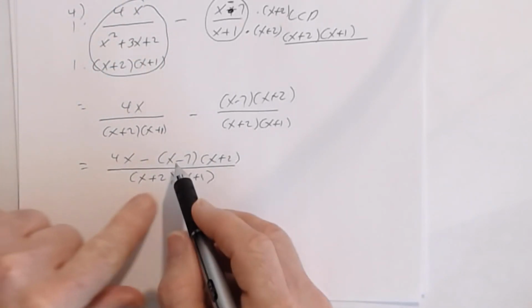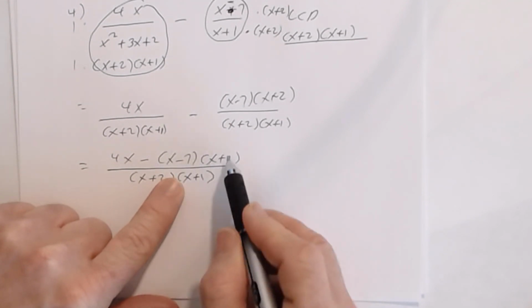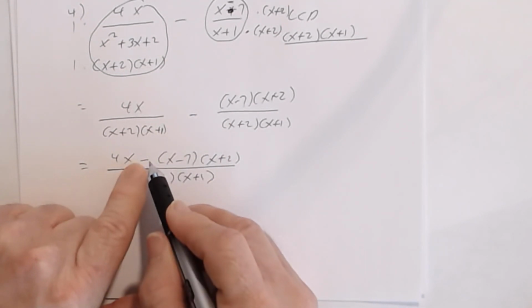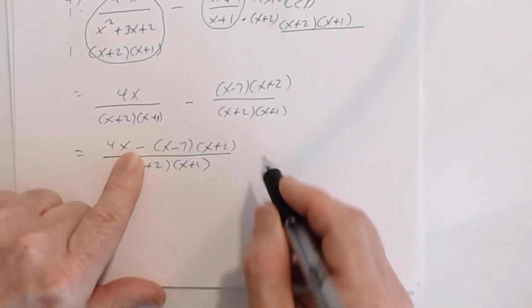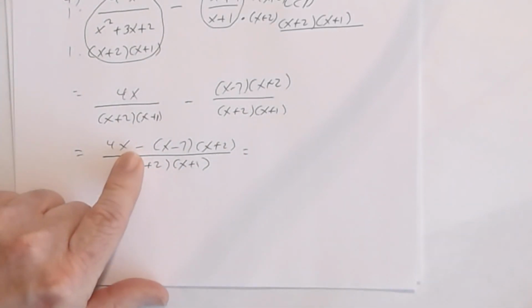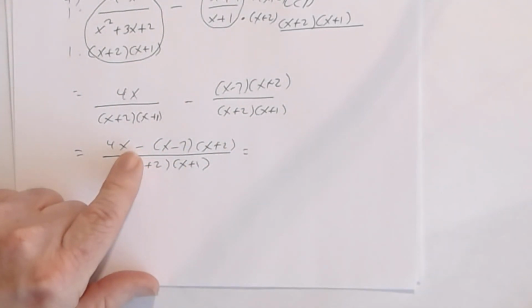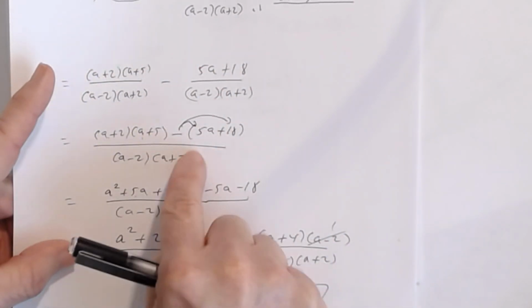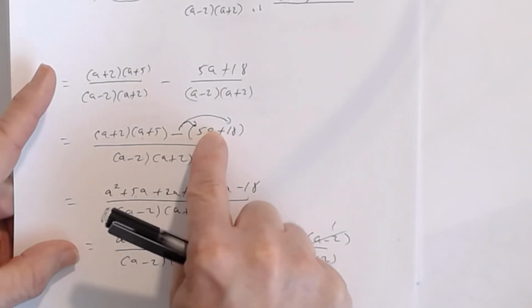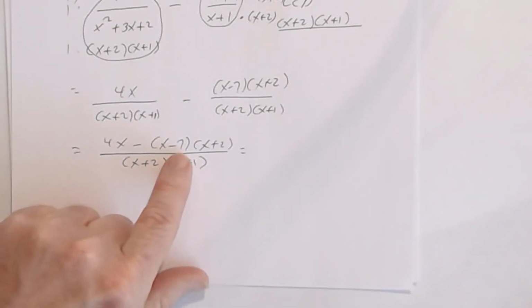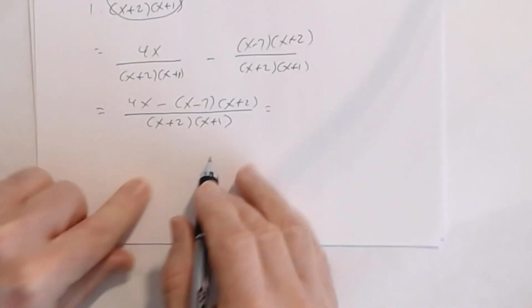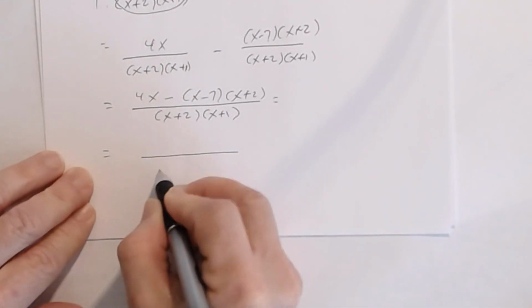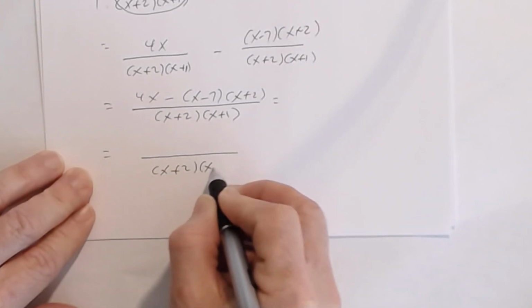All right, now we're going to FOIL this out right here. Be careful because you're subtracting whatever this is. So here's what I'm telling you to do. Just like right here, where when we subtracted this numerator, remember I told you to put that in parentheses. So when you FOIL this out, the denominator is x plus 2, x plus 1.